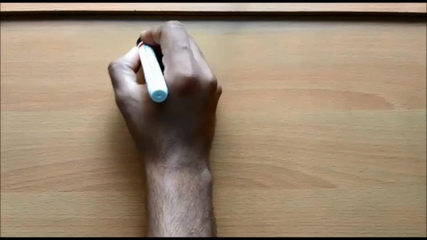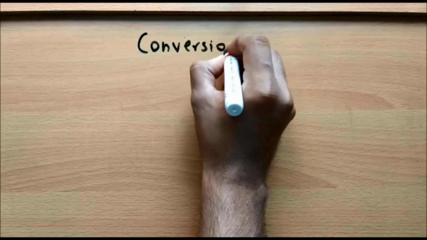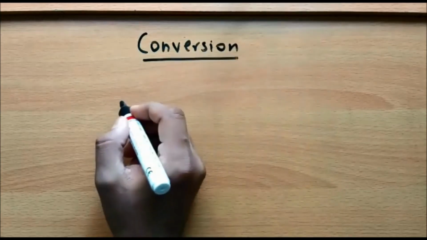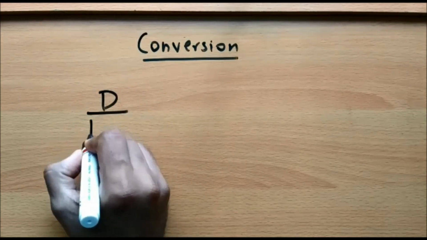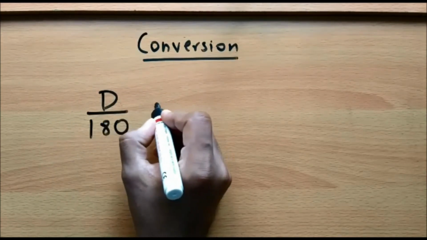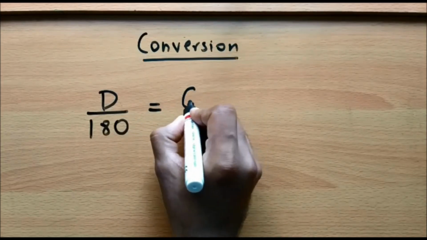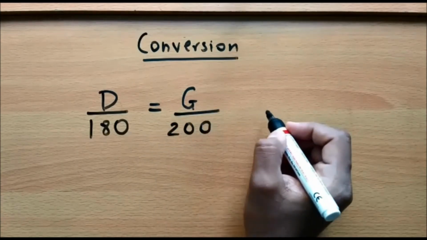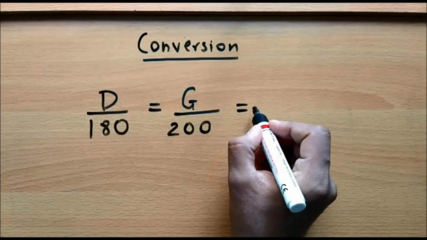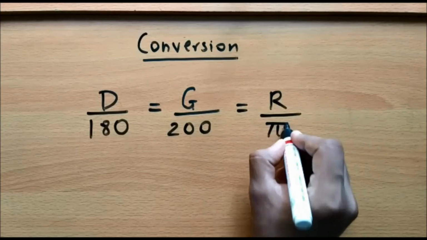Now that we have studied the three systems, let's see how we convert the angle in one system into the angle of another system. A simple relationship to convert these is d upon 180, where d is the angle in degrees, equals g upon 200, where g is grades, equals r upon pi, where r is radians.